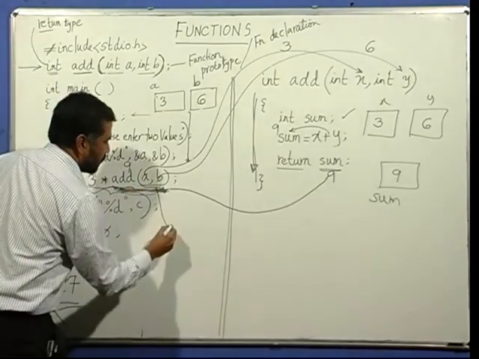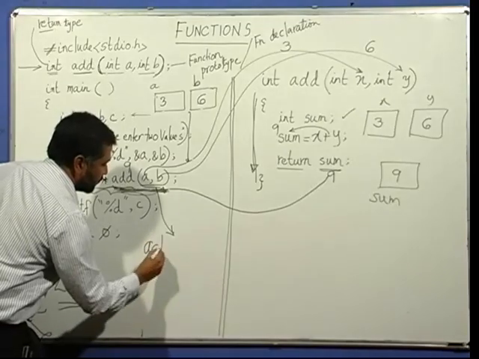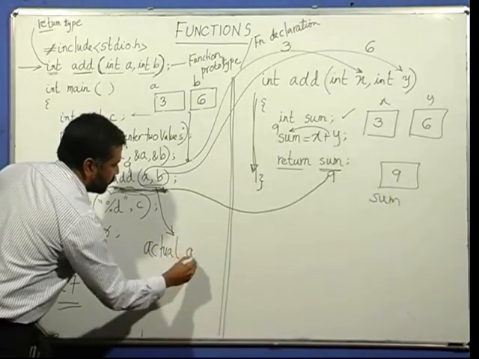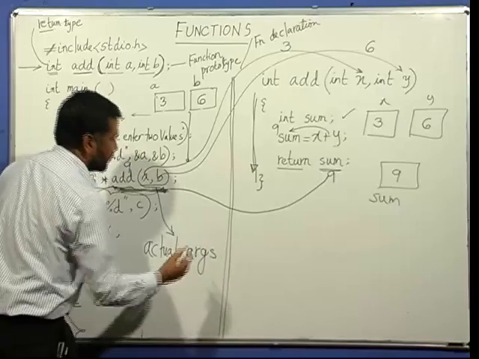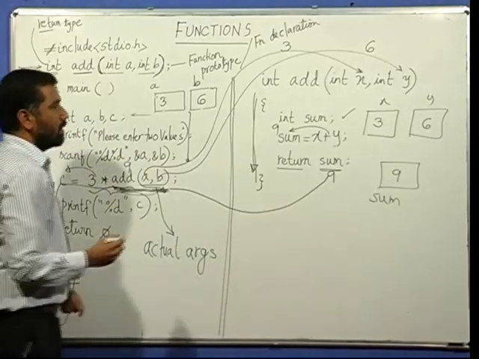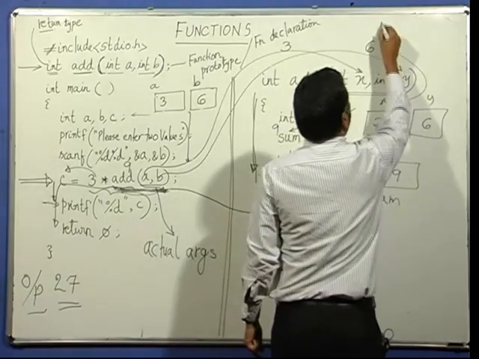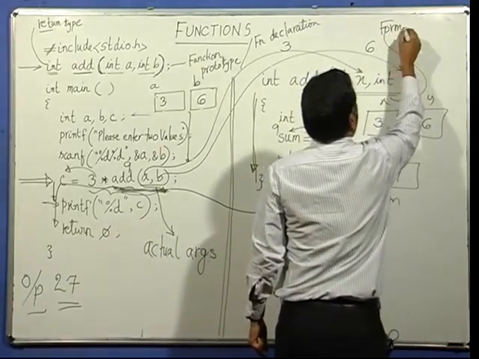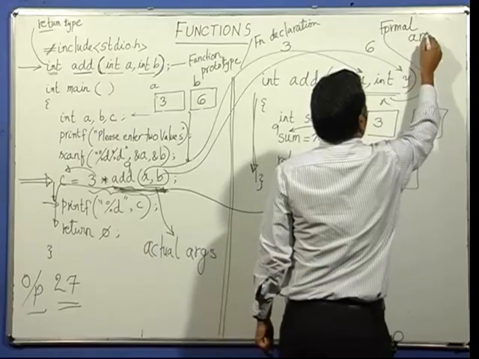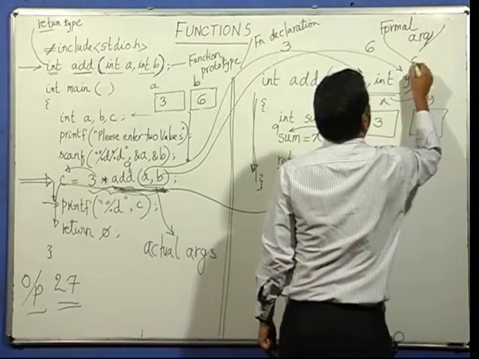So what goes in here can be called actual arguments, and the corresponding arguments in the function definition are known as formal arguments, sometimes also known as dummy arguments.